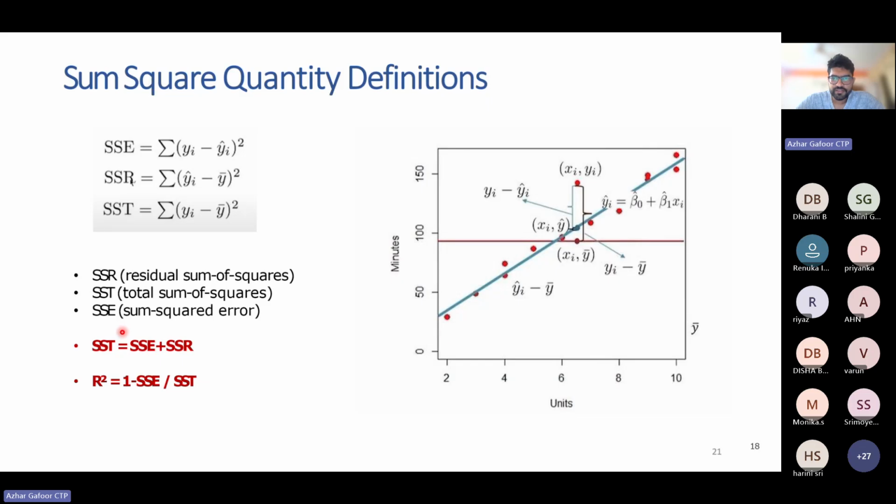We can see from the graph that SST is the total, so the total will be the sum of the error plus the residual. Then the R square that we have already calculated for the regression fit is nothing but 1 minus SSE divided by SST.